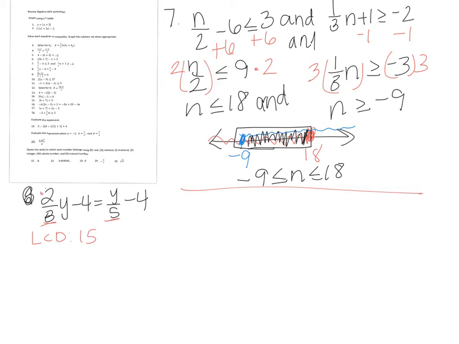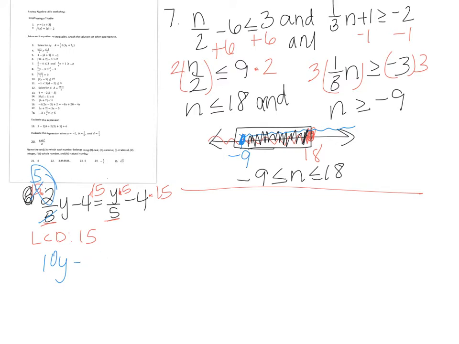So I'm going to multiply every part of this equation, even the ones without fractions, by 15 to get rid of my denominators. So when I do that, 3 goes into 15 5 times, and 5 times 2 is 10y. And 4 times 15 is minus 60.